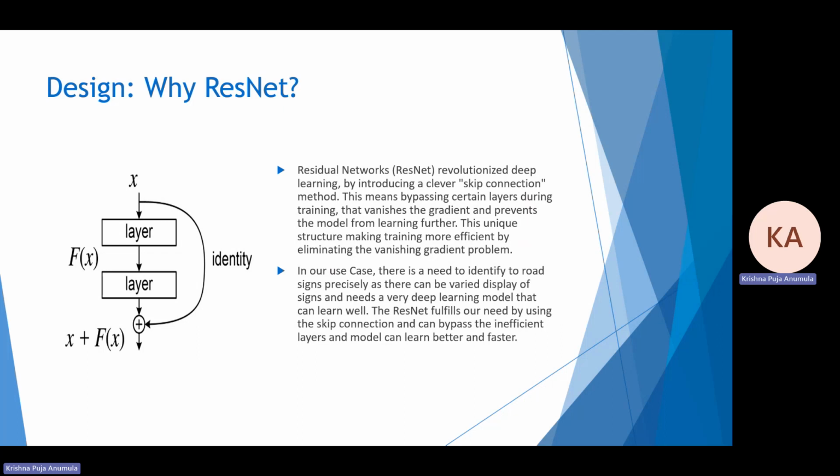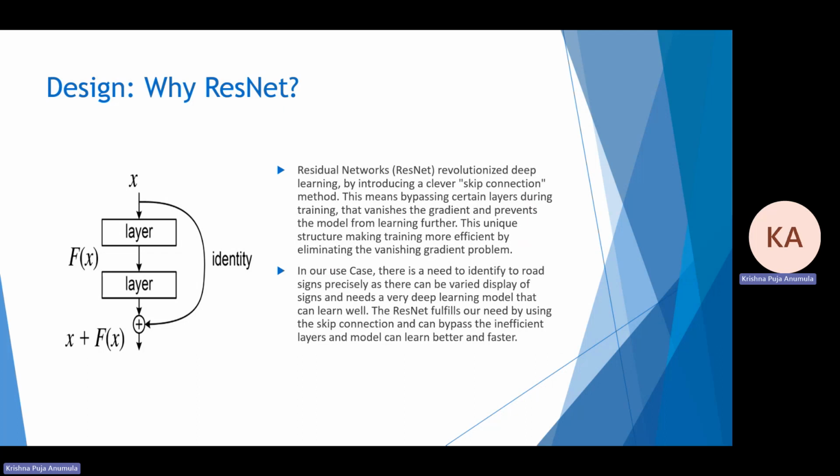ResNet is a revolutionary deep learning model and it has a clever skip connection method by which we can bypass a few layers so that we can avoid the vanishing gradient problem and the model can learn better. In our case, we need to identify the road signs very clearly because there can be varied displays of signs and there can be multiple signs at the same place.